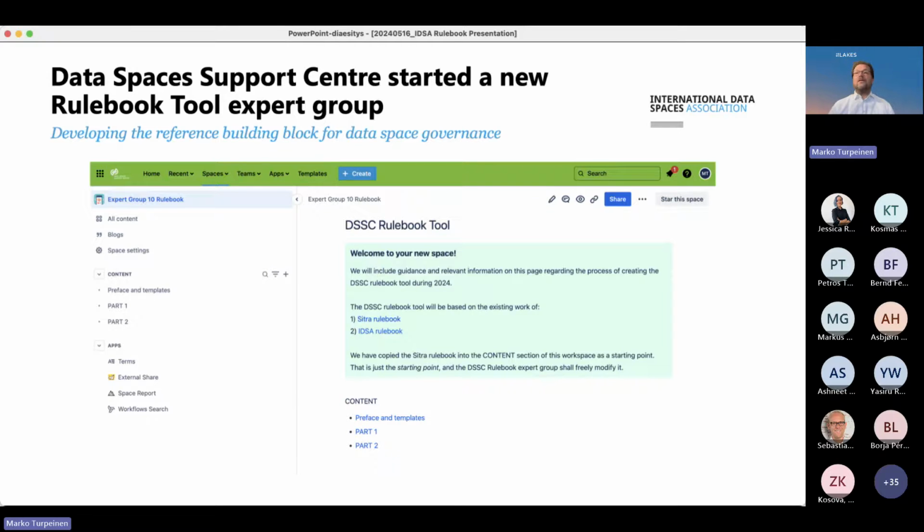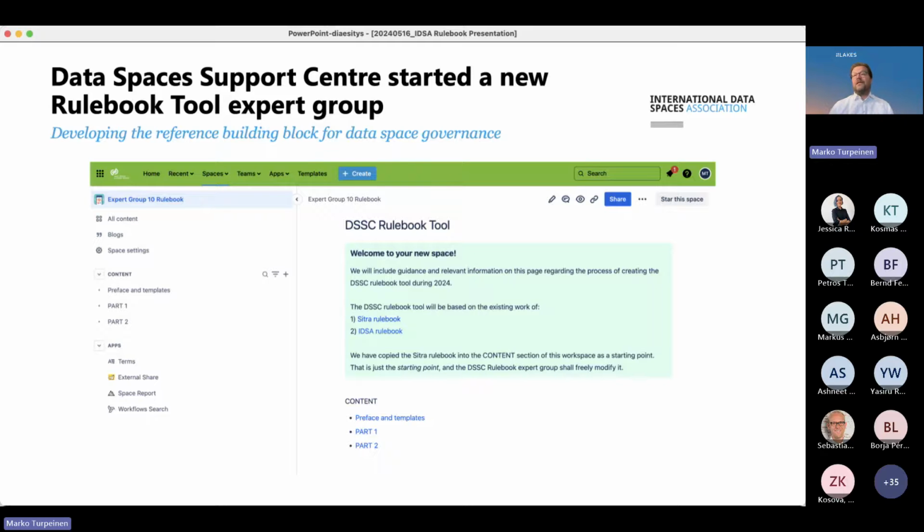We are bringing this together in a joint exercise, and the outcome is that by the end of this year we are hoping to publish a DSSC Rulebook 1.0, which this IDSA group is also strongly endorsing and working on.